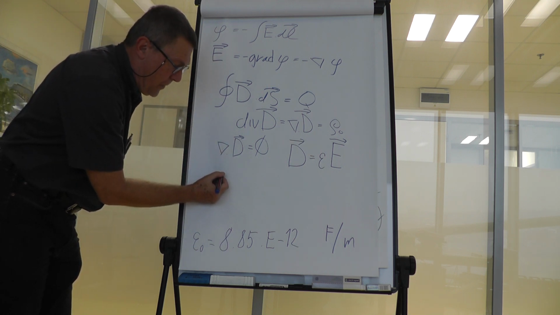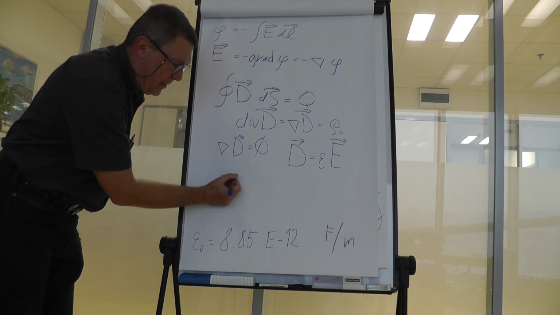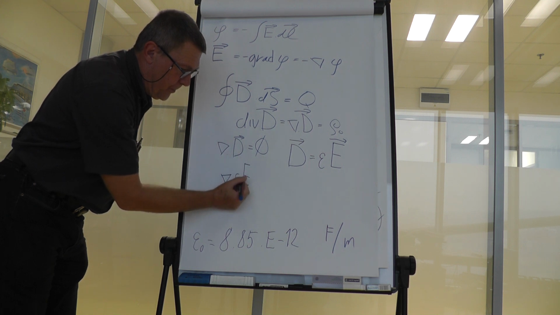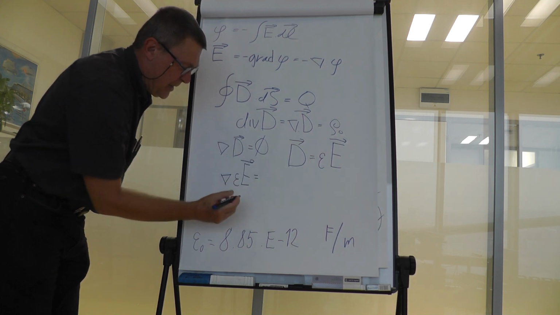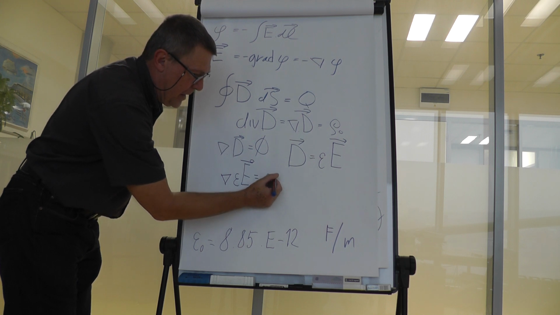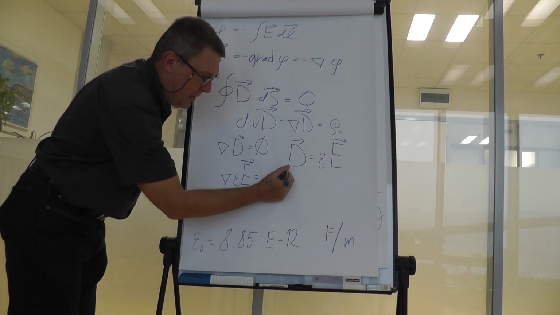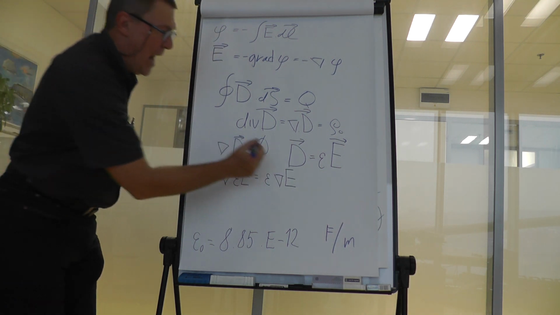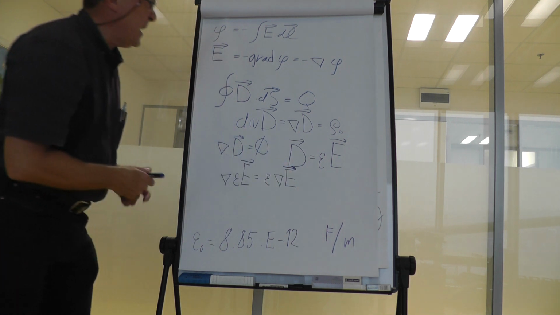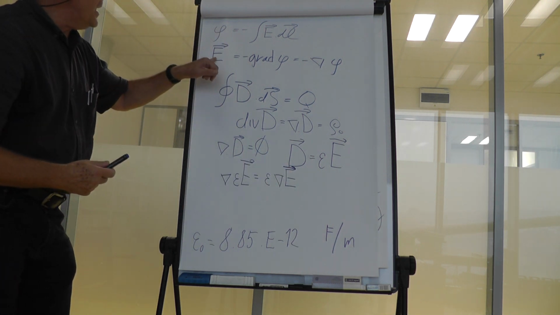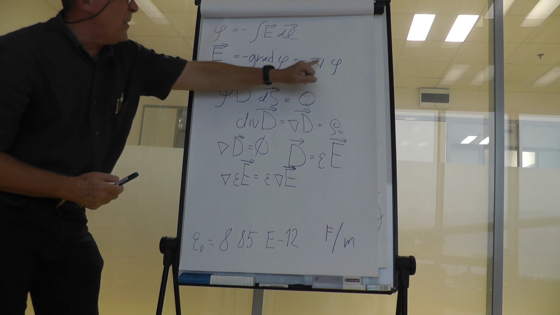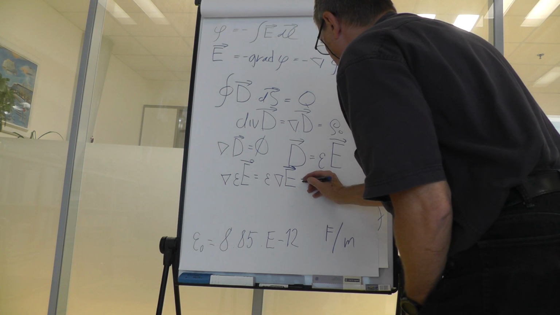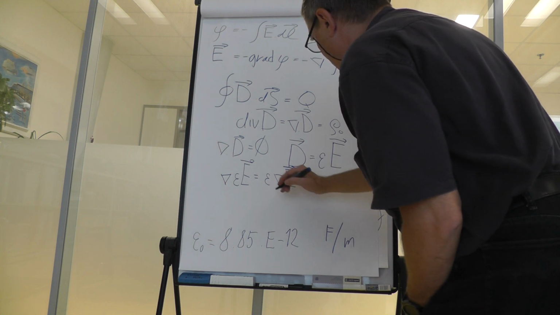So we would have epsilon nabla E, and this is already known because E is minus nabla phi, so this is rewritable.